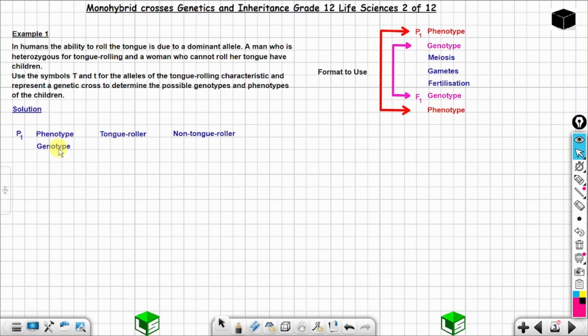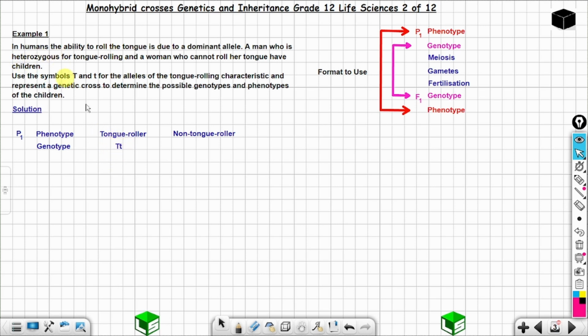Now you are going to have the genotype, the genetic makeup. The man is heterozygous. You are told to use capital letter T and lowercase t. Heterozygous means two different alleles, so you have a capital letter T and a lowercase t.